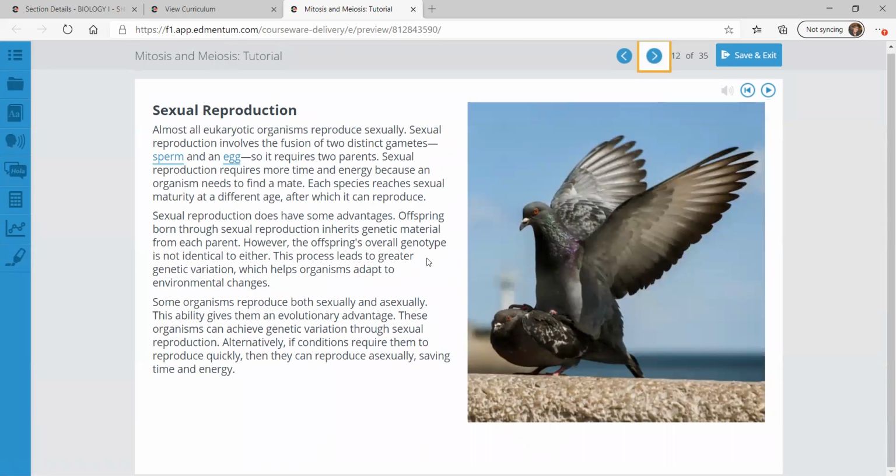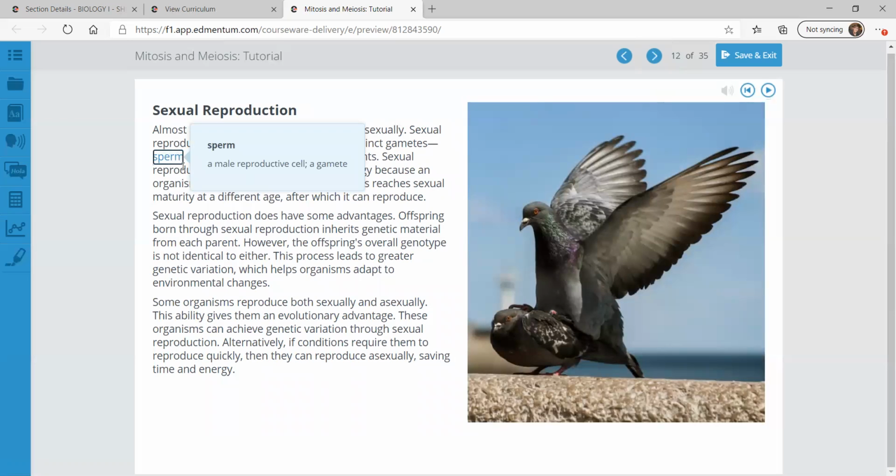Sexual reproduction. Almost all eukaryotic organisms reproduce sexually. Sexual reproduction involves the fusion of two distinct gametes, sperm and an egg. So it does require two parents.